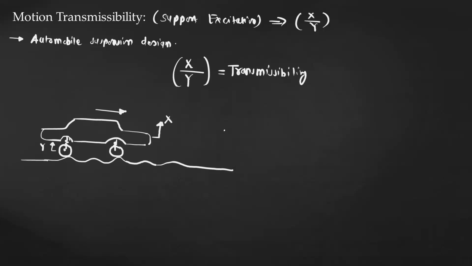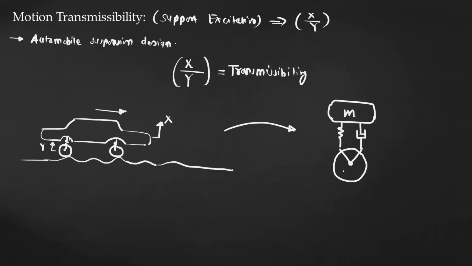Okay. So if you draw the simplified schematic model of this automobile, so this is the complete mass, chassis and the rider. So this is the total mass. This is spring and damper arrangement. And this is the wheel.